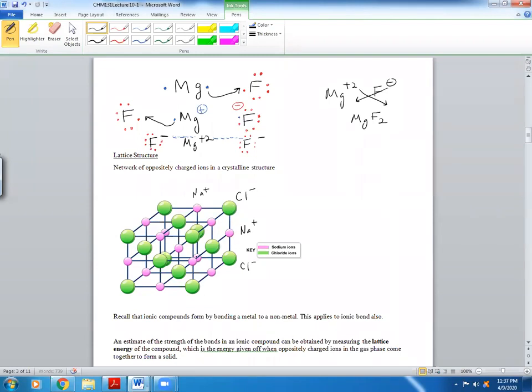If you notice, it has this intricate structure, oppositely charged. They are organized this way, and they build up and build up from the atomic level all the way to the macroscopic, and they give you these kinds of shapes. There are multiple shapes for these ionic compounds, but that's what we call a lattice structure. So be able to recognize what a lattice structure is.